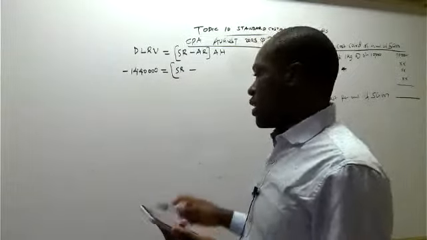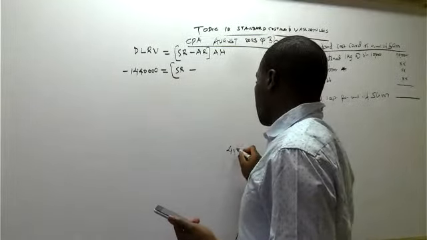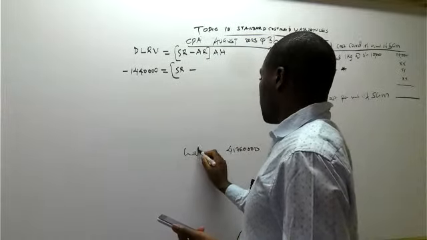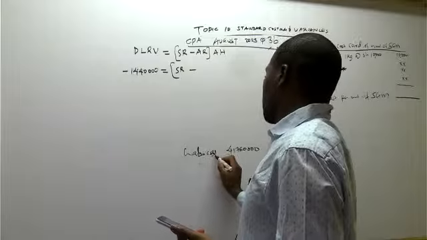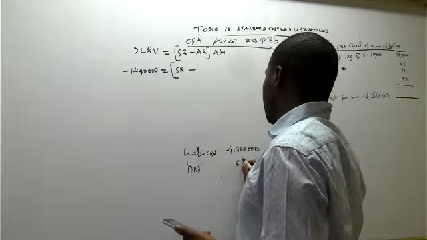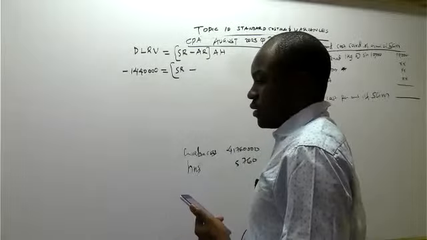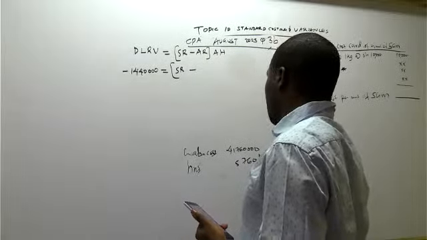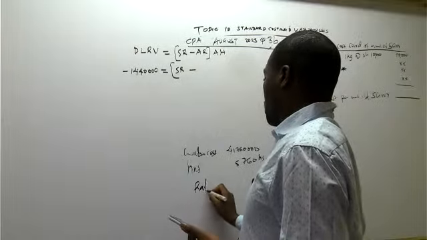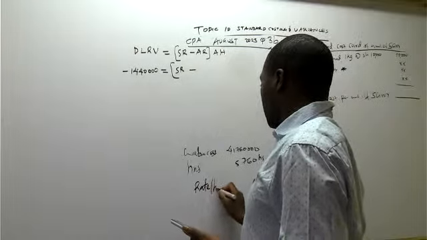So 41,760,000 is the total labor cost. This labor cost was incurred when total hours is 5760 hours. So what is the labor cost per hour? Rate per hour.